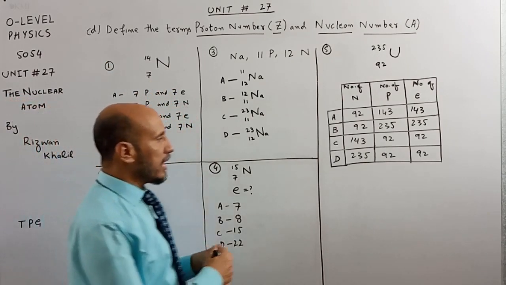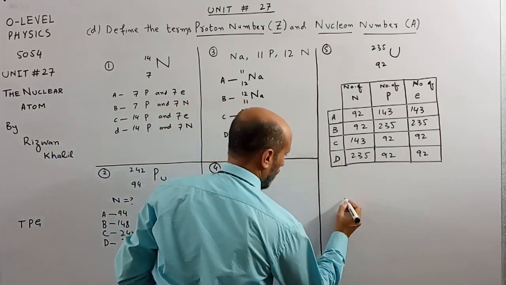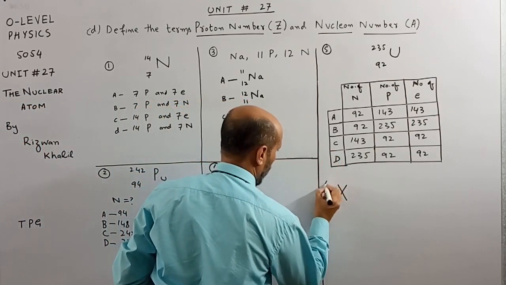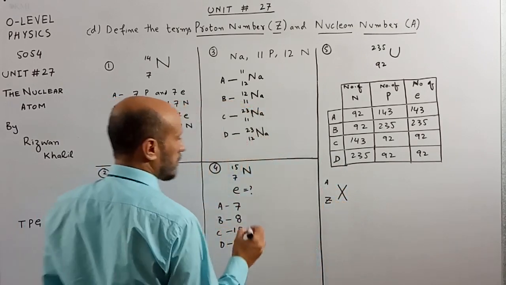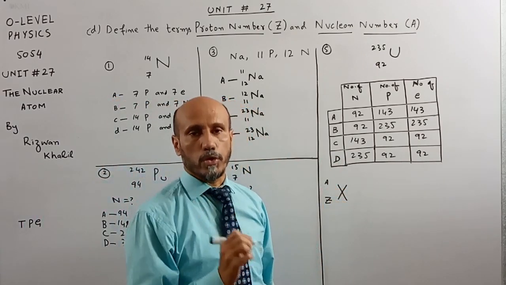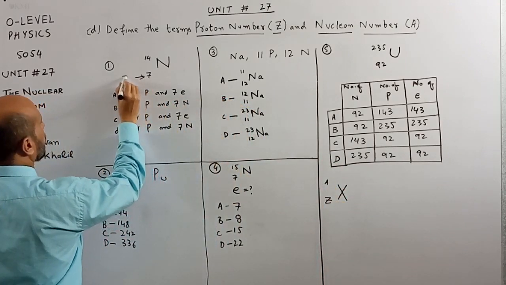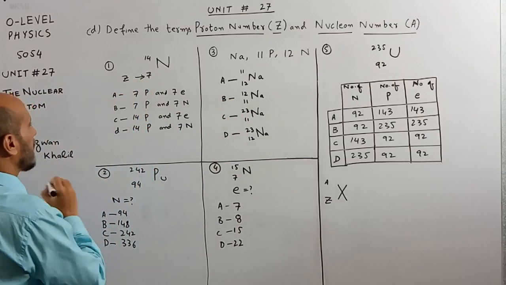So what was the formula for that? X, A and Z. Z represents the number of protons, so the number of protons is 7.